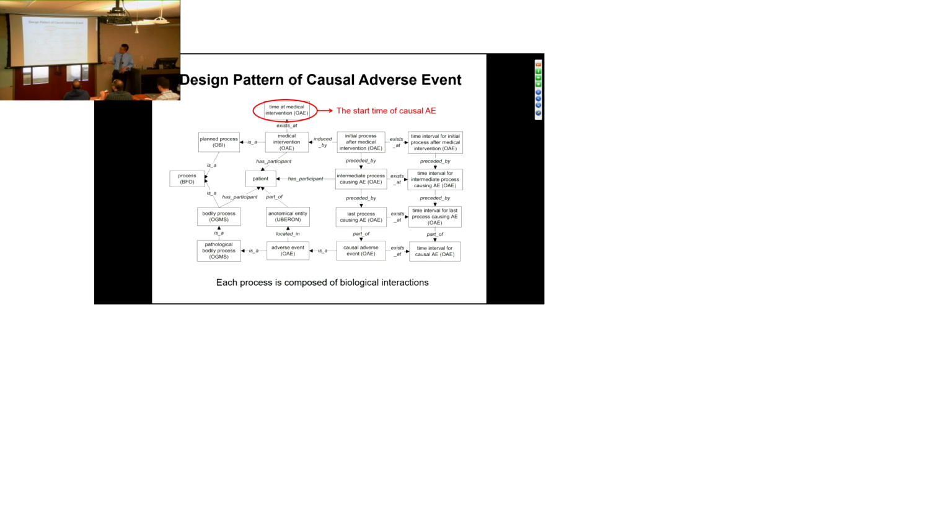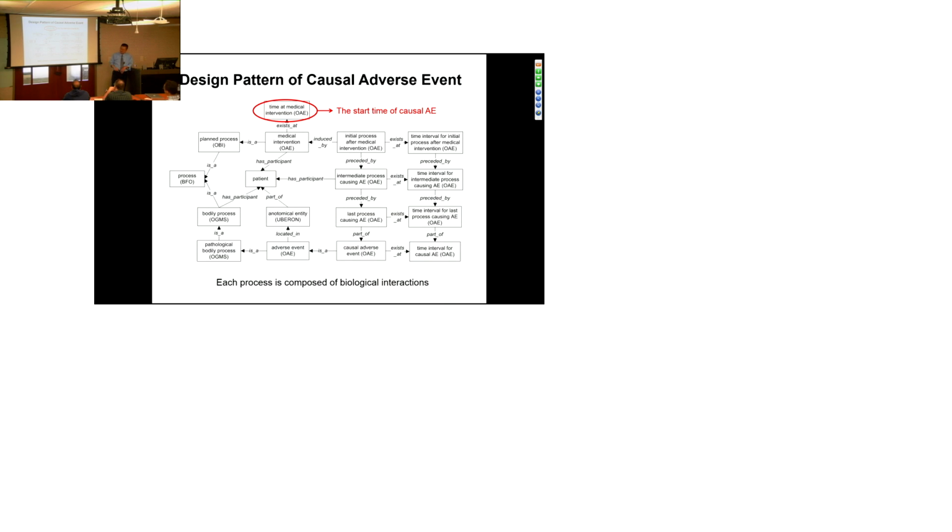So you can generate some models, like this one. You can see where it occurs. We have the patient as a participant of the medical intervention. The patient may have an adverse event in different locations. So you have an ontology that aligns all the pieces together. It's not magic.